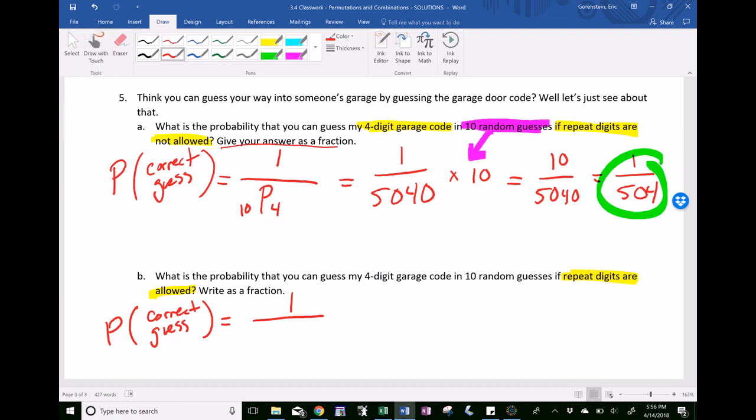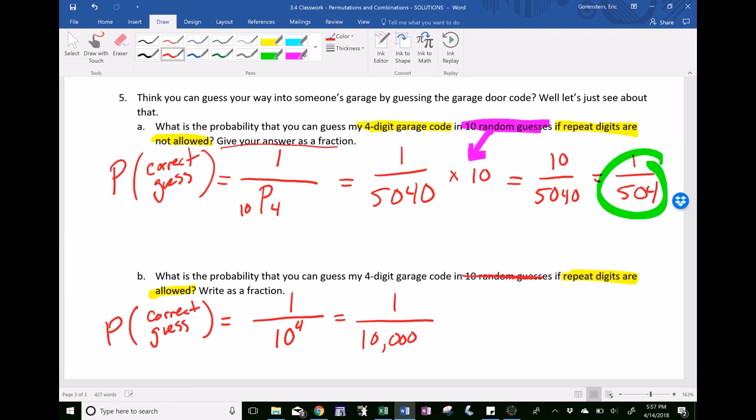Well, you have 4 digits, so think about this as a 4-step process. So we'll use the fundamental counting principle here. You have 10 options for the first digit, 10 options for the second, 10 options for the third, and 10 options for the fourth. So 10 times 10 times 10 times 10, or 10,000.